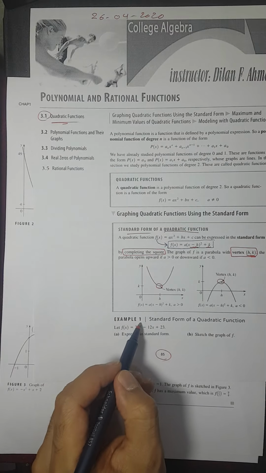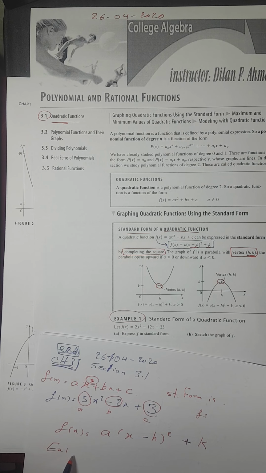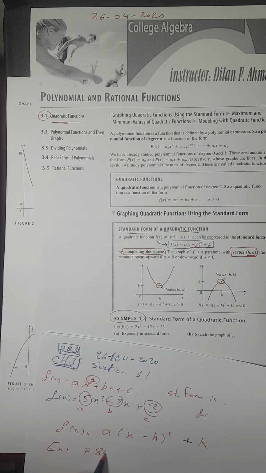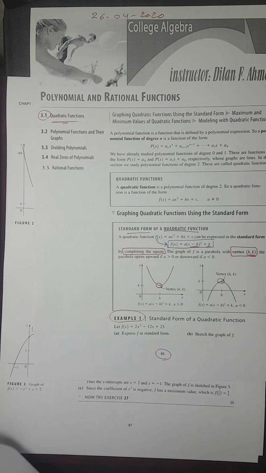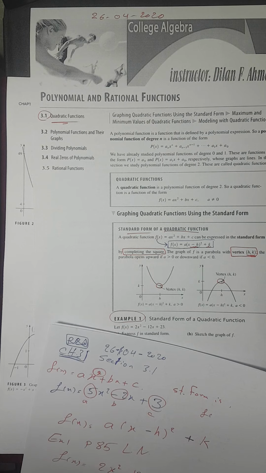Okay, I'm going to clarify the first example for you. Example 1, page 87 in your lecture note, with f of x equal to 2x squared minus 12x plus 23.